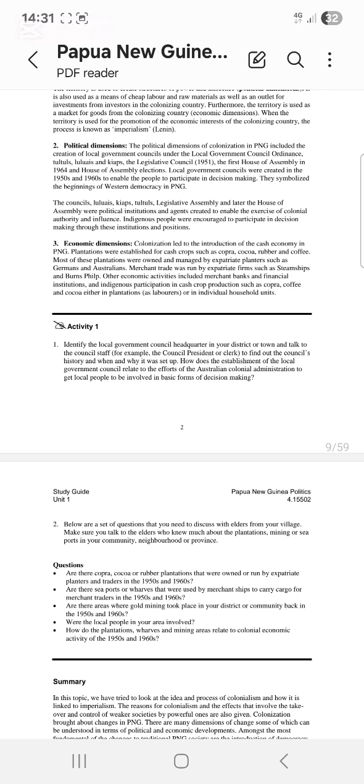So what are the main drivers of colonialism? Colonialism itself talks about the spreading of values, beliefs, and culture by a developed nation to an underdeveloped nation. Secondly, the political dimension: colonialism brought in important political structures with it, which helped in developing the nation state of Papua New Guinea.